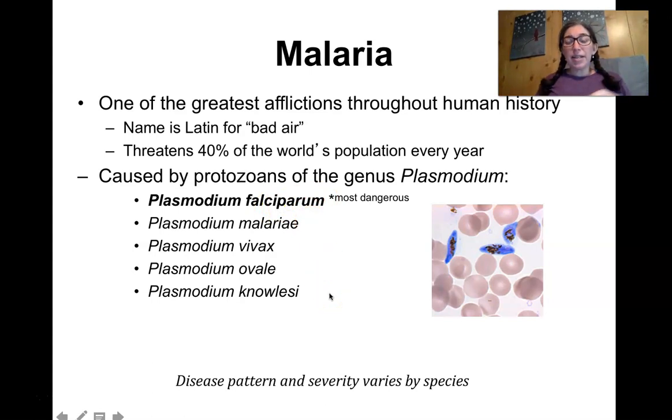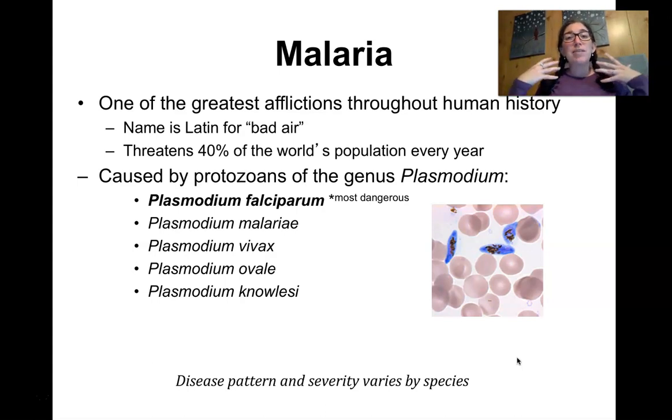Interestingly enough, the name malaria means bad air. So this is also a very old disease. Malaria, I think, is Latin for bad air. So this was very old language that was used to name this. I suppose currently they still use Latin to name things, but still. It was originally thought that you got it from breathing bad air, like not fresh air, or from breathing air from sick people.